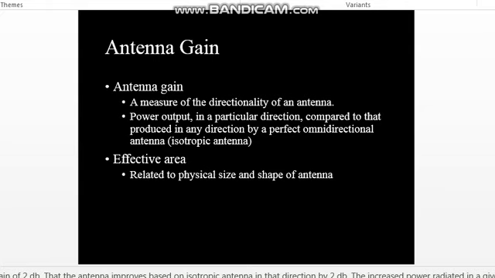If we want to discuss antennas more, we can take the reference Antenna and Propagation. The writer's name, I think, is Balanis, Constantine Balanis.